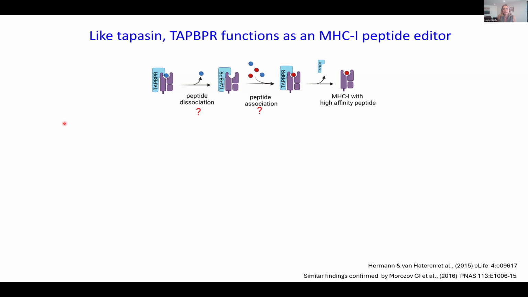To explore this, we teamed up with Andy van Hateren and Tim Elliott when they were both at the University of Southampton to perform these peptide exchange assays for TAPBPR. In these assays, we're asking, can TAPBPR help to dissociate peptide from MHC class 1 molecules, and can it help to promote peptide association onto MHC class 1 too?